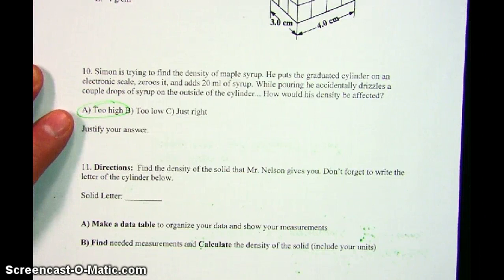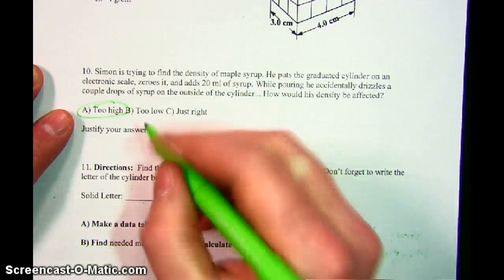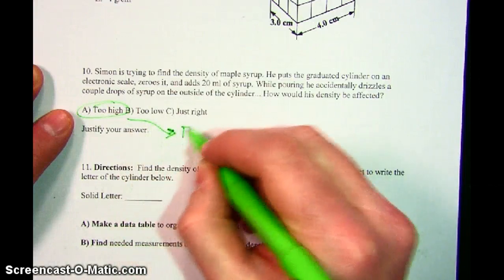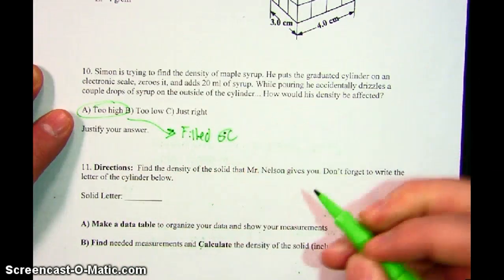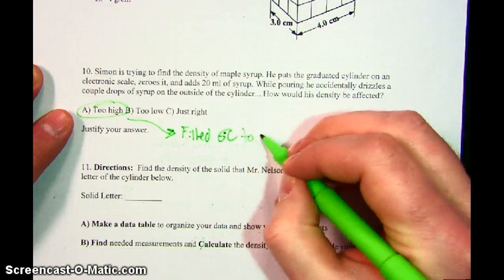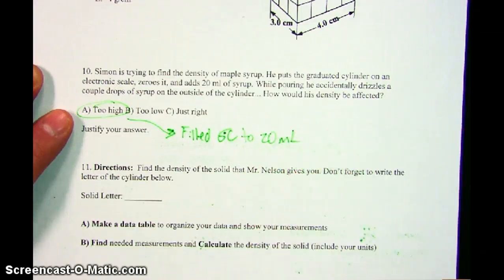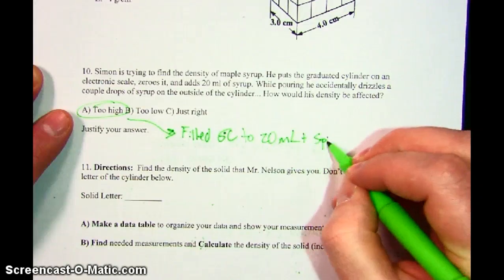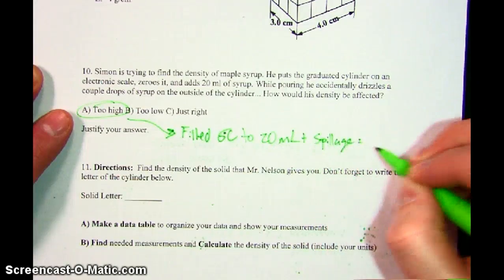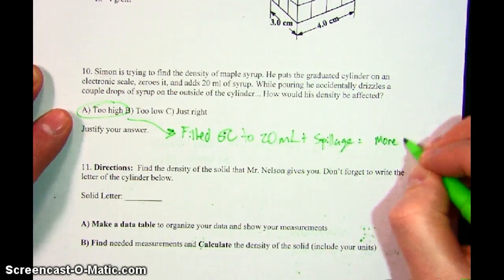In order for the density to be too high, what would have had to happen was that he would have had to fill the graduated cylinder so that it went to the 20 milliliter mark, and that plus the spillage would equal more mass than what he should have had.